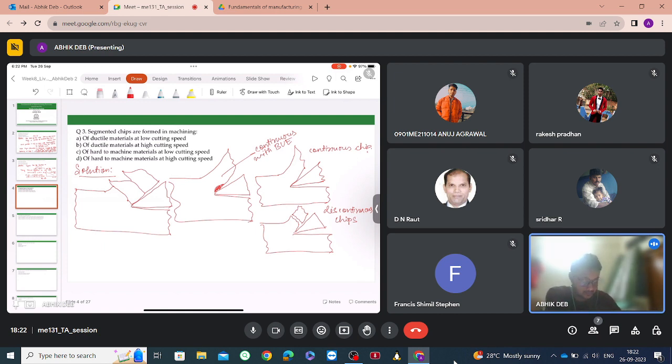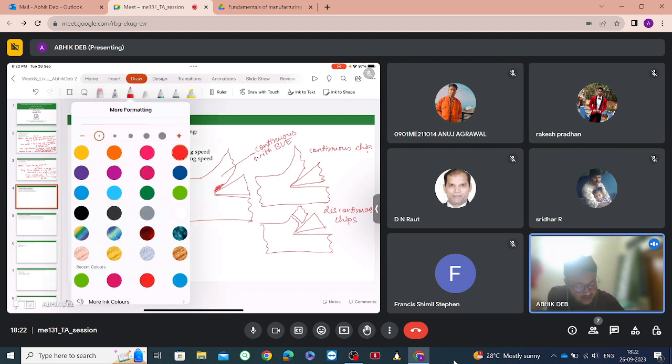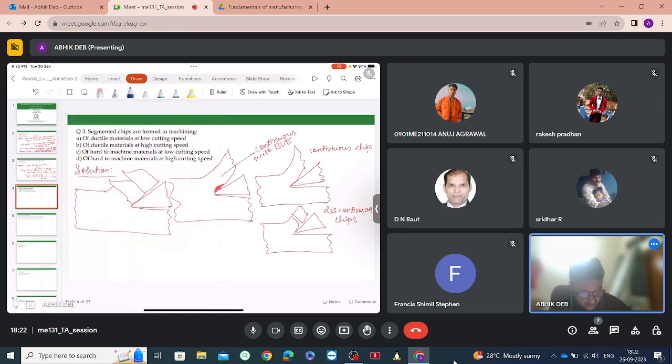So what happens in a segmented chip is that it resembles a sawtooth, the tooth of a saw, in which there are alternate regions of high shear and low shear. This is the high shear region, and this is the low shear region.